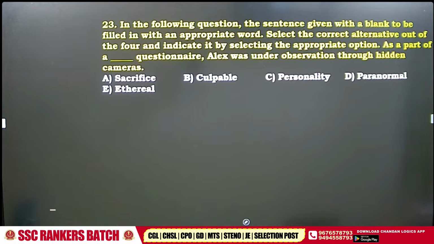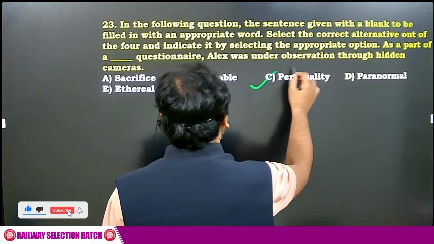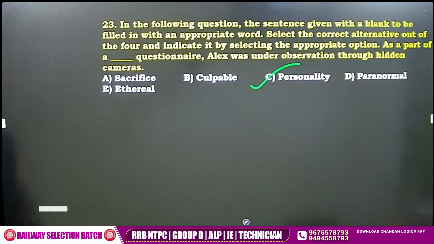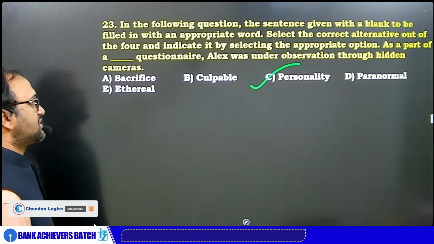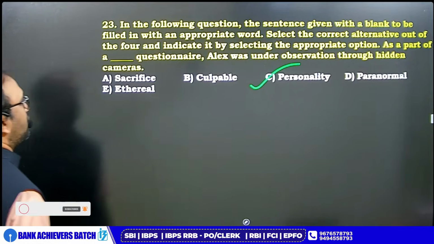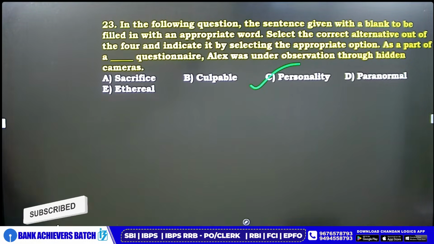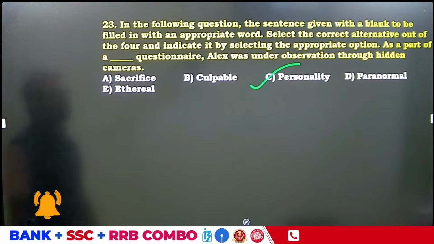His personality is being observed. It's a personality test. His personality is being tested. As a part of a personality questionnaire, his personality was being questioned. Personality test.